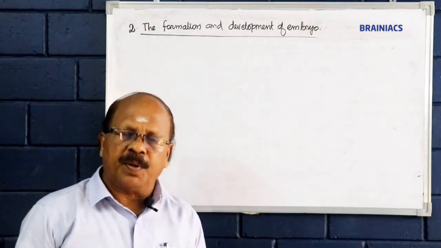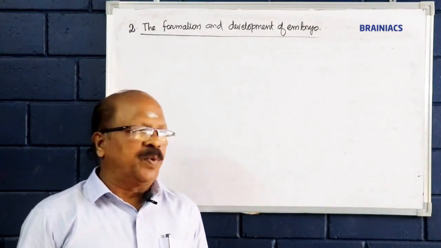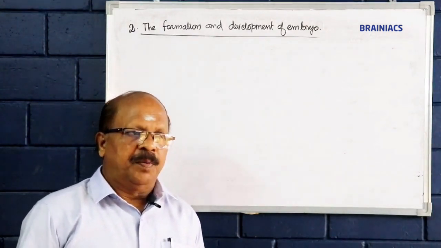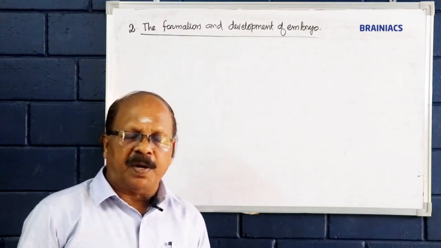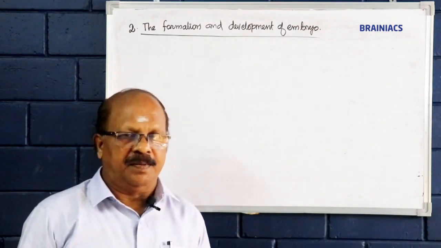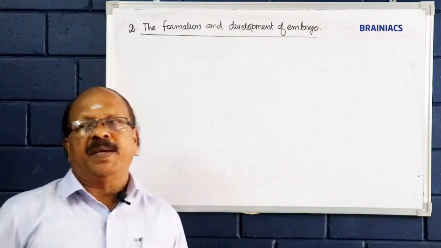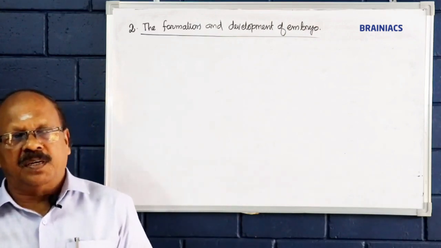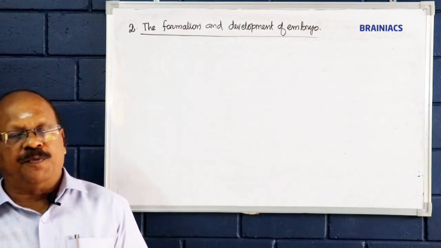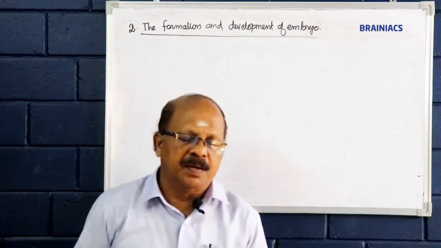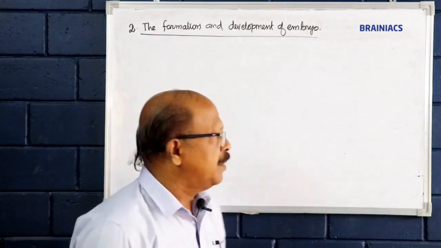Zygote is diploid, formed by the fusion of the male gamete or sperm and the female gamete egg. So continuous mitotic division helps in the formation of the mature embryo. See?